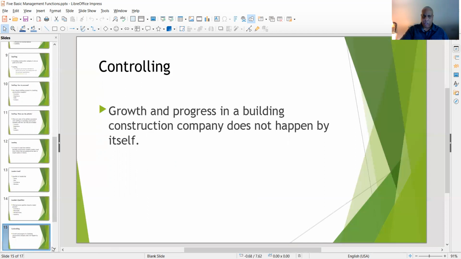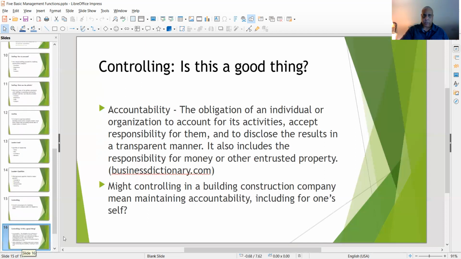Because you need people. Now, controlling is a good thing. But again, when you want to control something, you're going to have accountability if something fails.